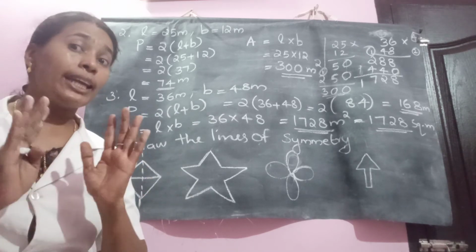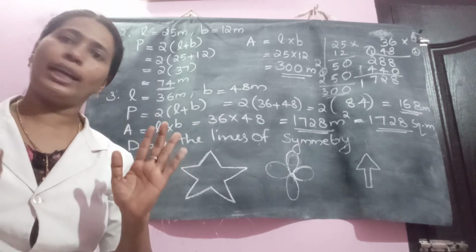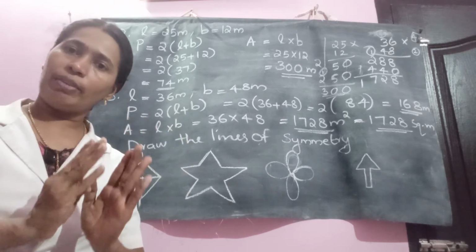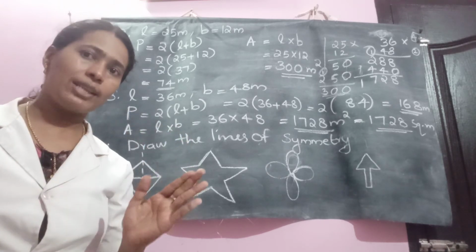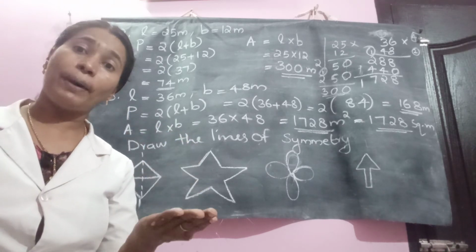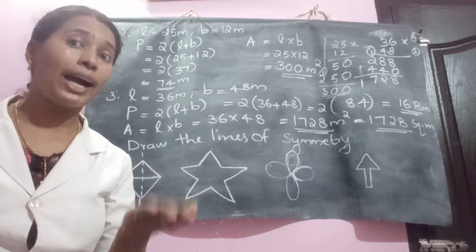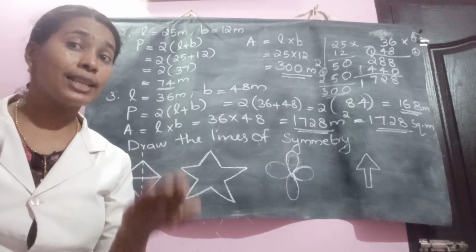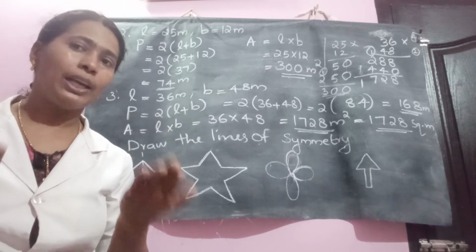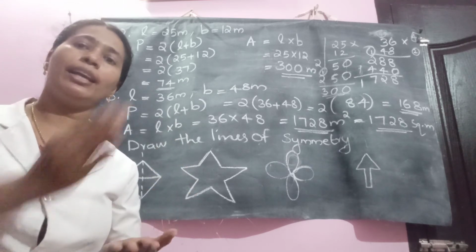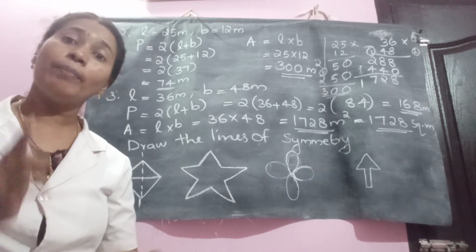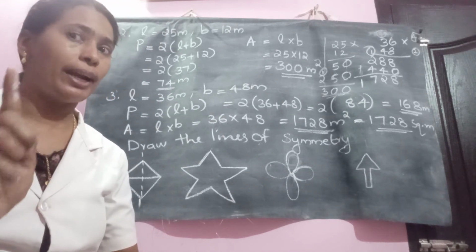Only same size and shape. When you are dividing a figure into two parts, both the parts must be of same shape and same size. Then only we can say that line is called line of symmetry.